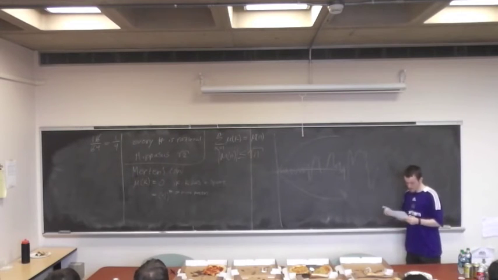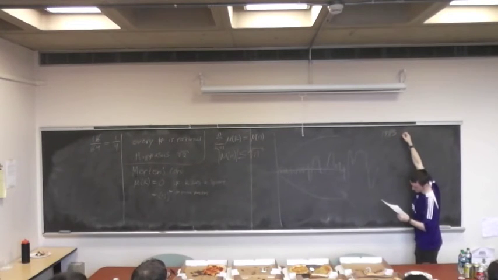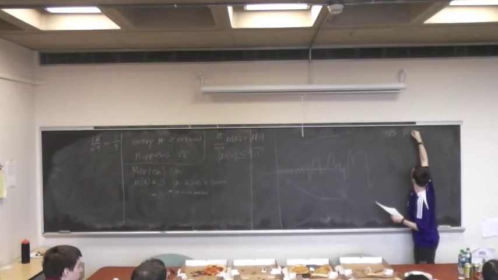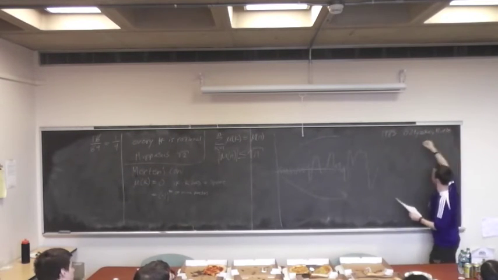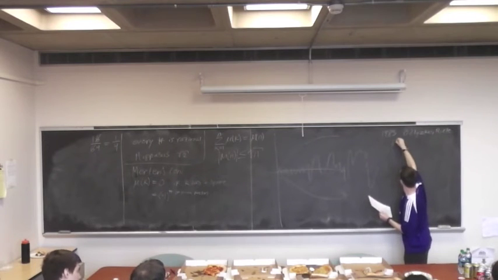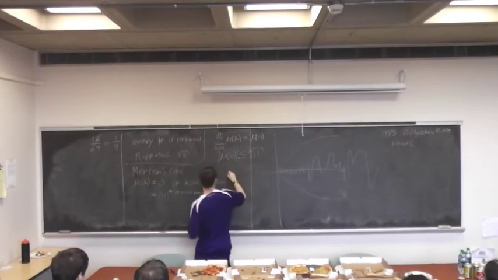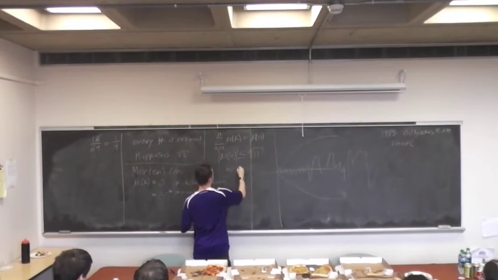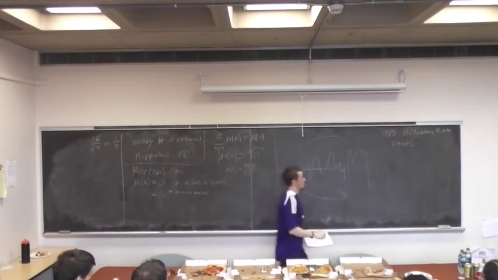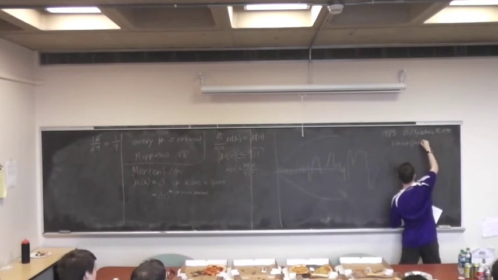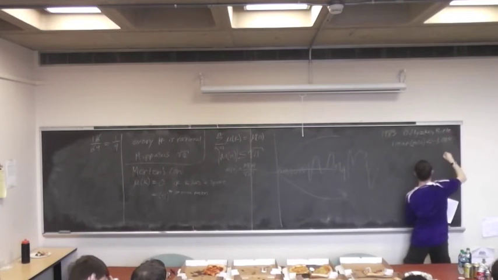However, in 1985, Odlyzko and te Riele showed that, letting little m of n be capital M of n scaled by the square root of n, the lim inf of m of n is less than negative 1.009.